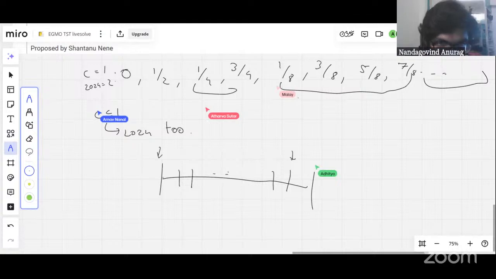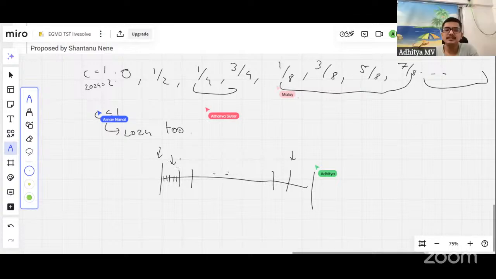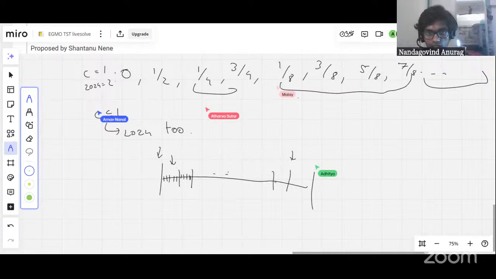Now for the next elements, you'll have 2023 elements in the segment 0 to 1 by 2024, and you'll have 2023 elements in each segment and so on. So you'll have 2023 into 2024 elements, and with the first 2024 elements that's 2024 squared elements.